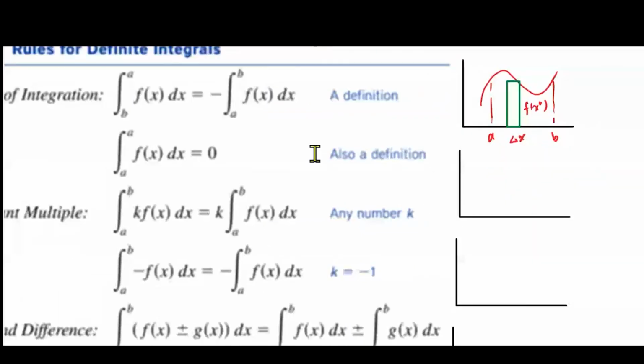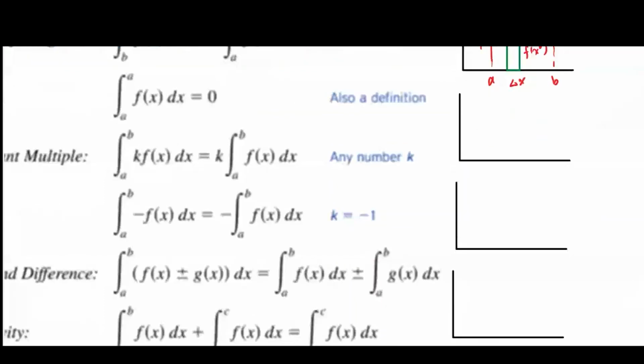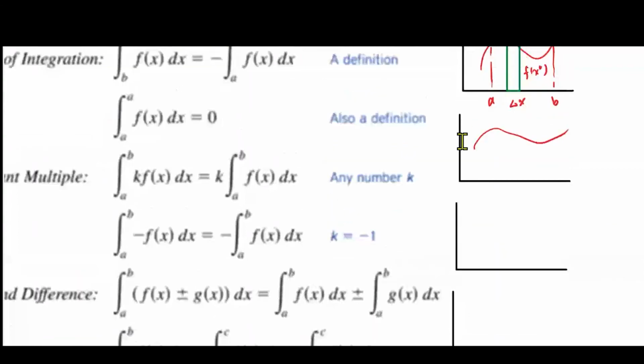What about this one? K times f of x, what does that mean? Okay, say our function is like this. I'm gonna bring it down a little. Erase it.